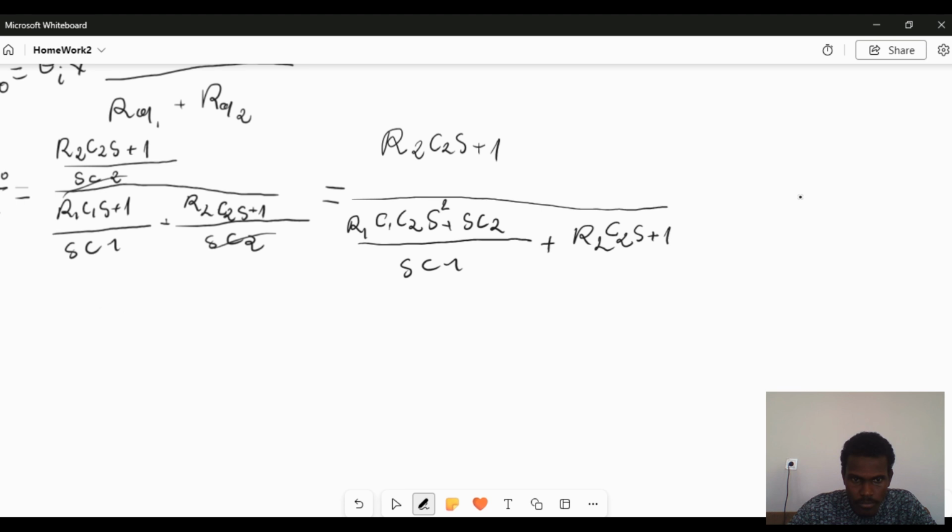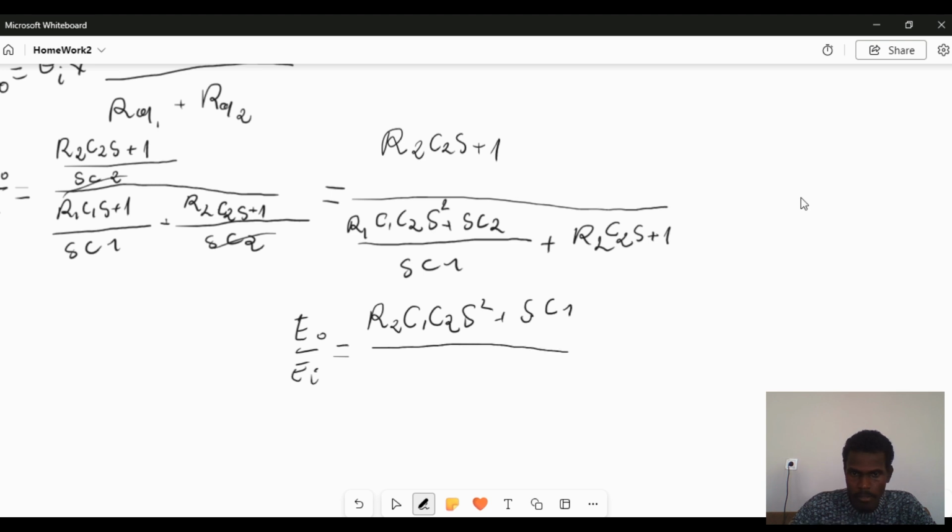So we will have E output divided by E input is equal to (R2 C1 C2 S squared plus S plus SC1) divided by (R1 C1 C2 S squared plus R2 C1 C2 S squared also plus SC1 plus SC2).